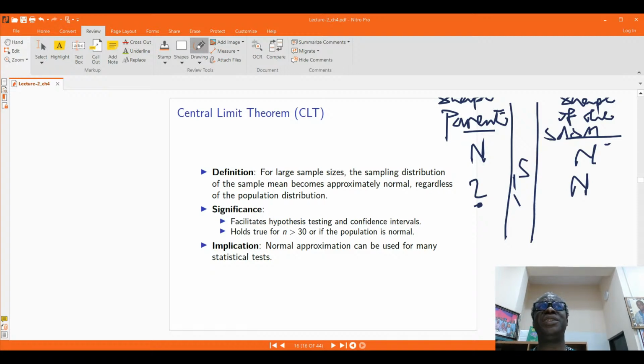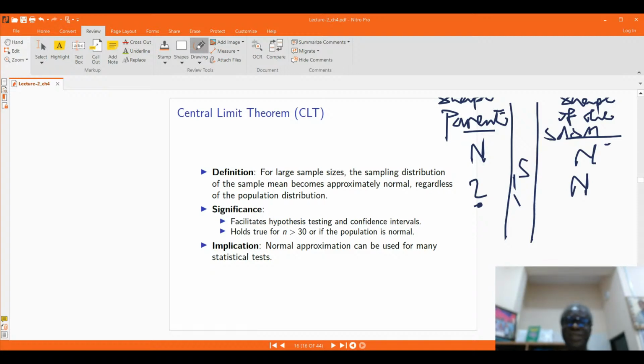But if the shape of the parent population is not normal, then you need a large sample, that is, a sample size greater than 30, for the sampling distribution of the sample mean to be approximately normal.